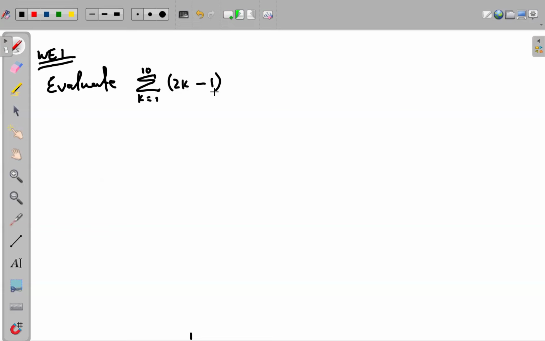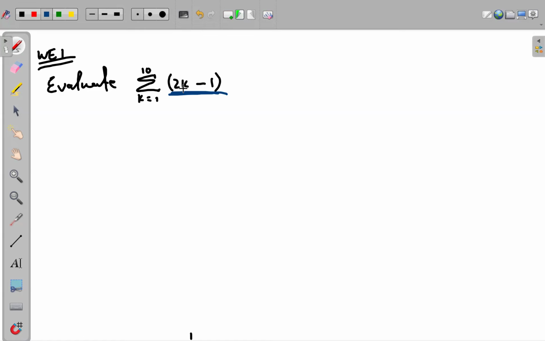We are evaluating a series, because we have established from the previous lesson that in a series we are adding up terms, right? So we are evaluating the series expressed by the expression 2k minus 1. And take note that this expression indeed is in terms of k, the letter that is being used at the bottom of our sigma sign.